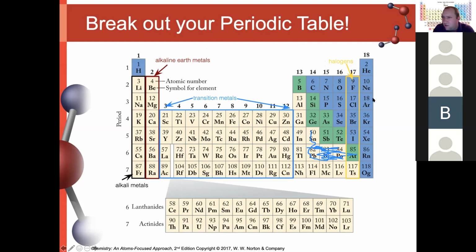Now they don't really have air reactivity or water reactivity, but they do have a good bit of reactivity overall. They form a lot of covalent compounds. And that puts them in very stark contrast to this last group. The last group here, which we'll highlight in pink, these are the so-called noble gases.